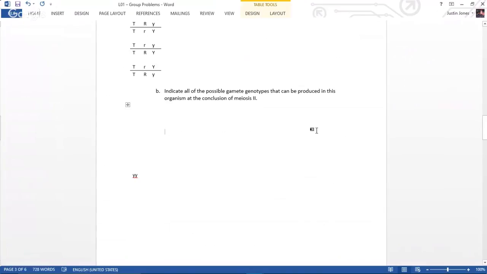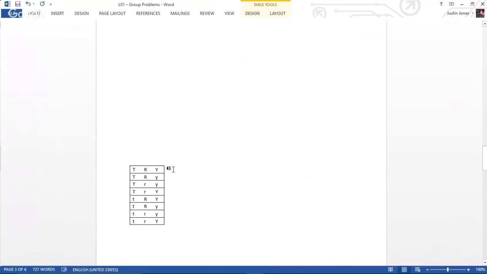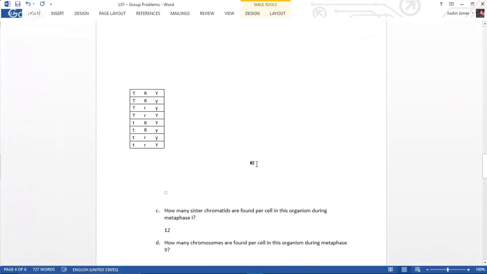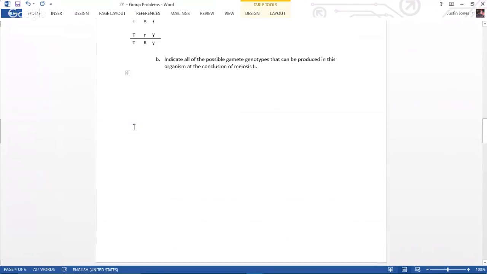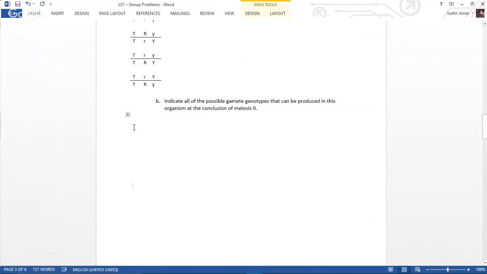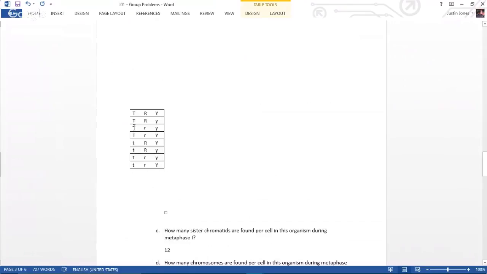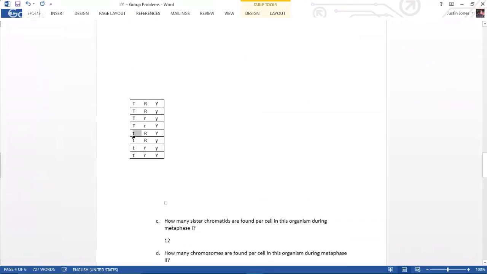So all the possible gamete configurations. Well, I got a huge gap on my page. I'll figure that out later, but these are options, the same thing. In fact, I'm going to have to fix that because once again, it's 4 T's. So actually, just delete these cells.